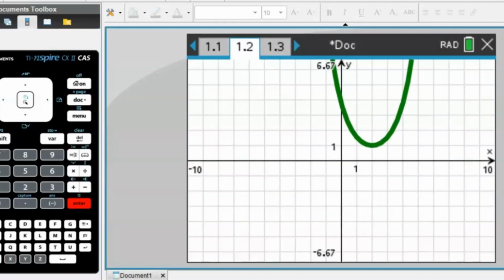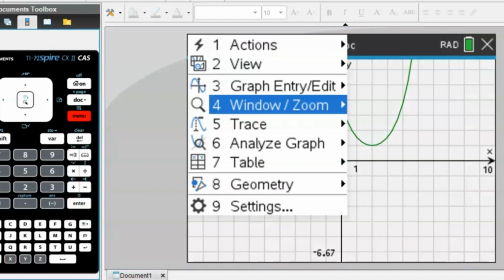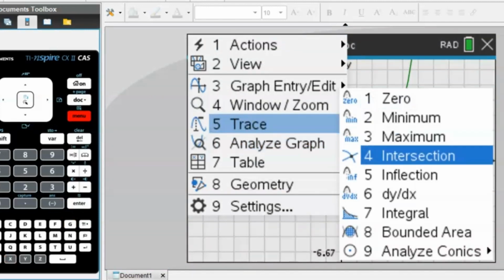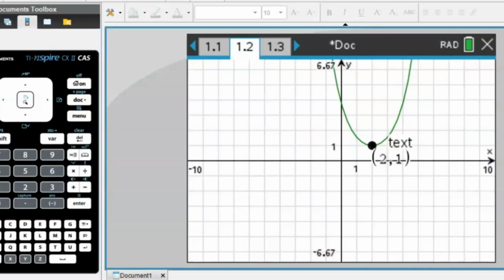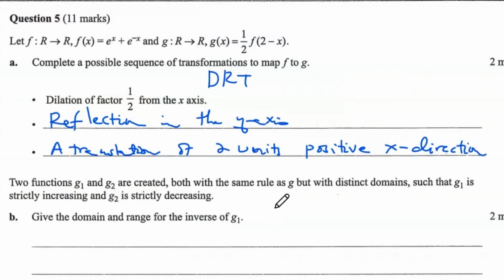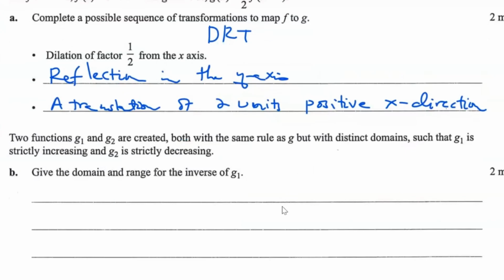G of x, and I get the turning point. My turning point of g of x is 2 and 1. Alright, now g of x turning point 2 and 1.